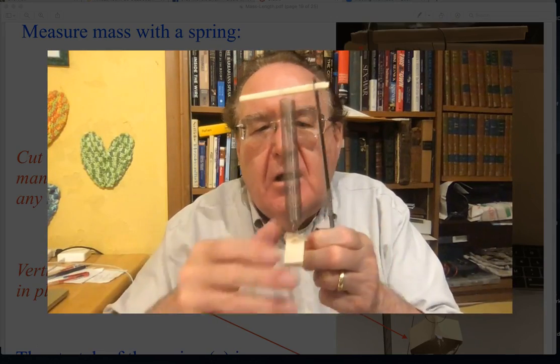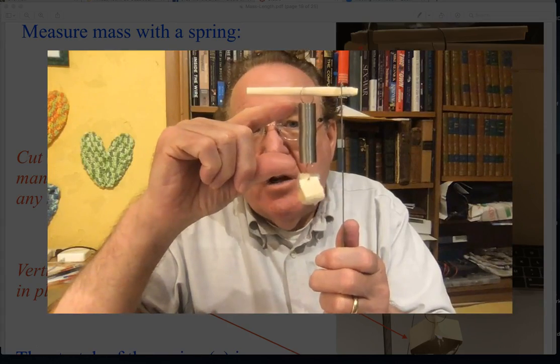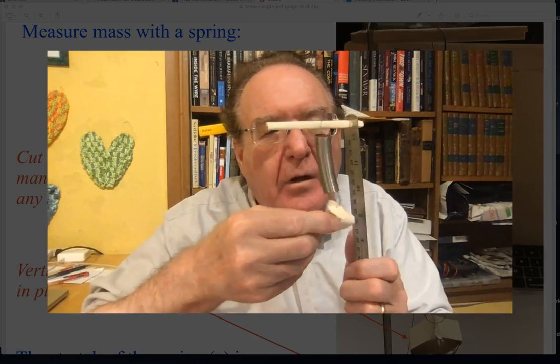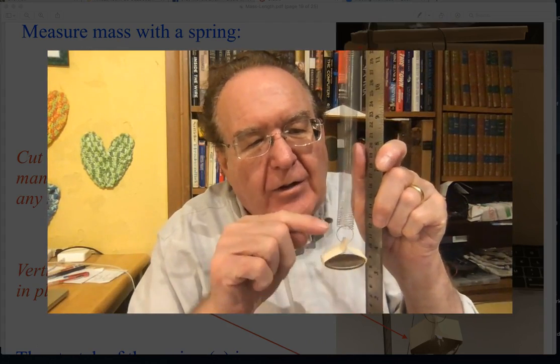If you have no mass on this, the spring is not stretched at all, and you can measure, for example, to the bottom of the spring right here, and read off on the scale where it is when there's no mass on it. Now, if we put in the mass of a dollar here, it's going to jiggle a little bit, but now you read off exactly the same point here, and it has stretched.